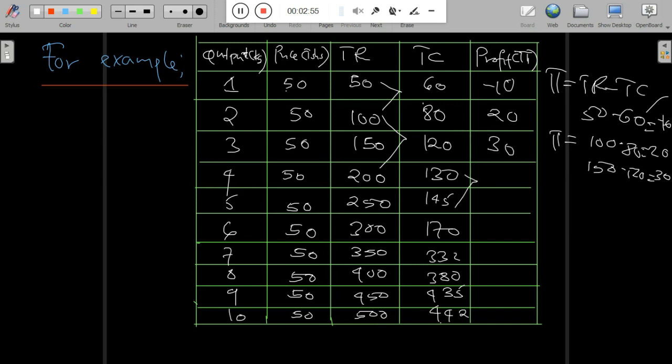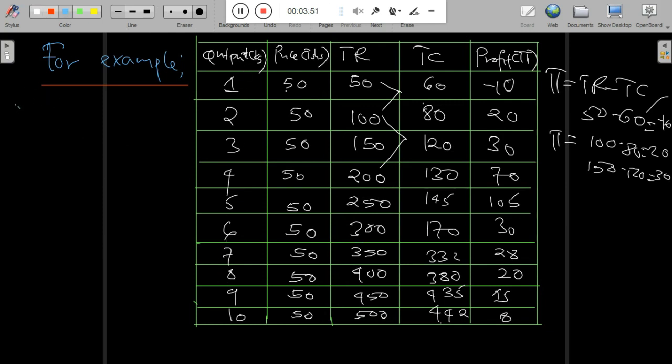But also the profit is given by taking the total revenue minus total cost. We have the total revenue, that is 50, minus 60, which is equal to 10. The same applies when we find the profit in the second bracket of the table, where we take 100 minus 80, that is 20.